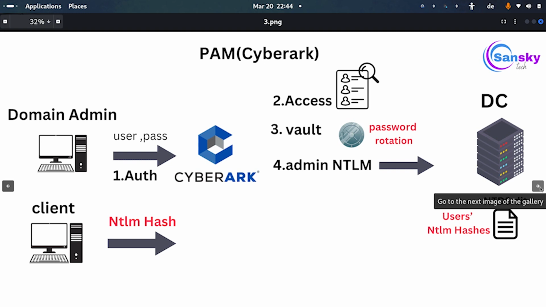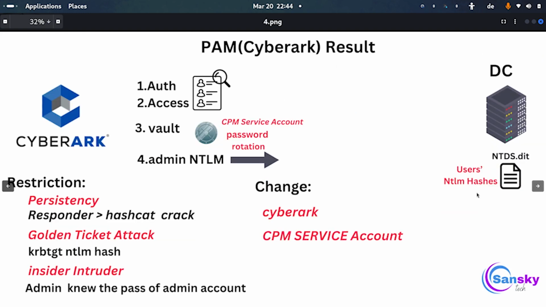Now that we have understood how exactly CyberArk works, let's consider how it can affect our penetration testing methodology. CyberArk's existence can pose some restrictions for us. Previously we had really easy persistency, which means that we could get access to the credential of a user, and those credentials were not going to be changed, and we could use them for a month or even a year.